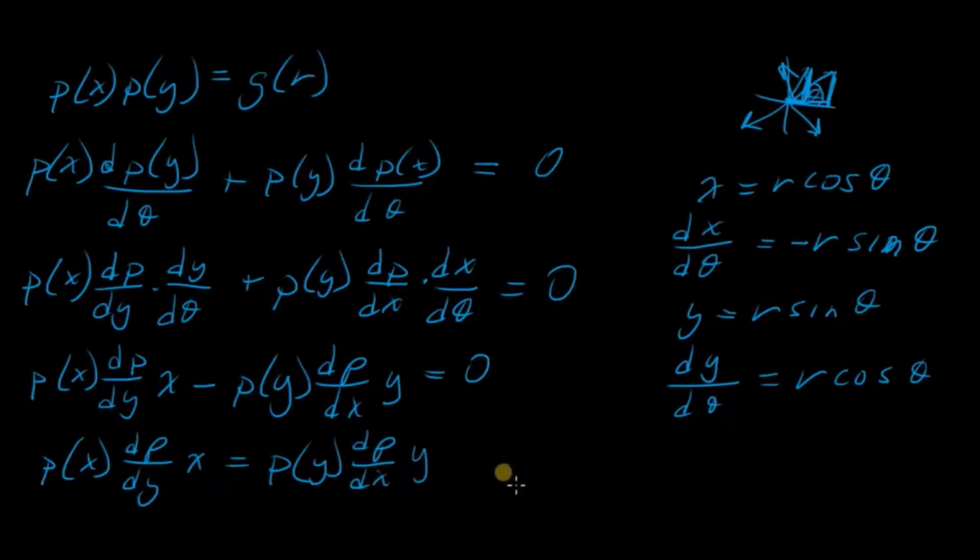And let's see, actually one last thing, let me get a different color here. I want to have x stuff on one side and y stuff on the other side.